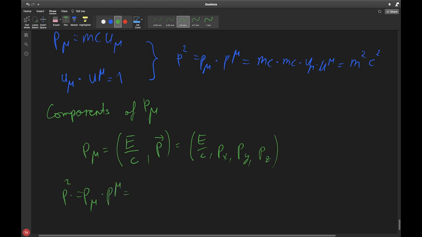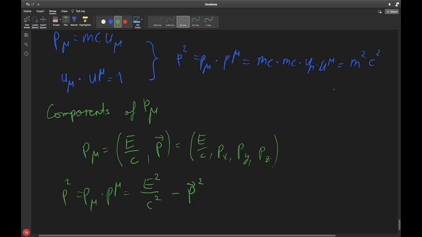How do we do a dot product? That is the first component multiplied with the first component, and then we add the second component with the second component, third with the third, and the fourth with the fourth. So this leads us to energy squared over c squared minus the p vector squared.